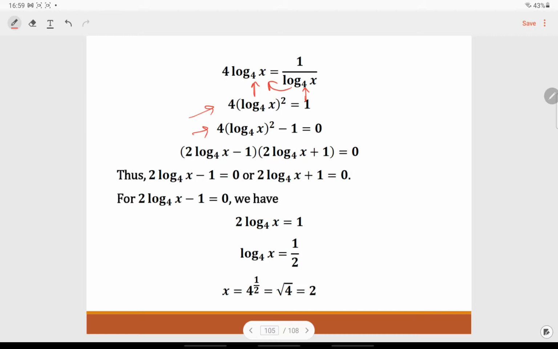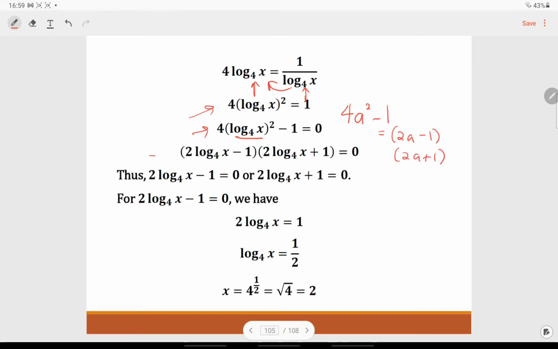To make it clear, we can replace this one as a. So 4a squared minus 1 can be converted into 2a minus 1 times 2a plus 1.